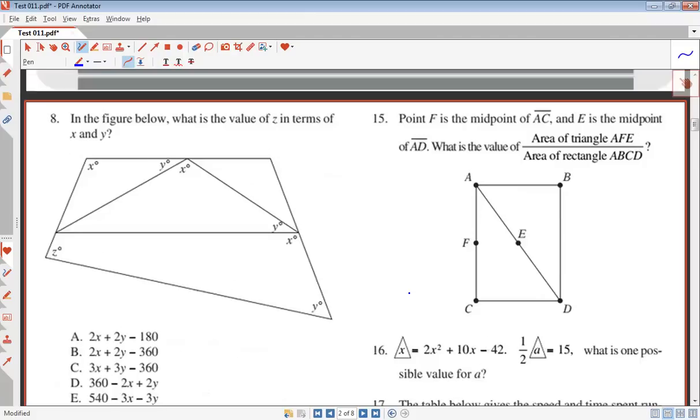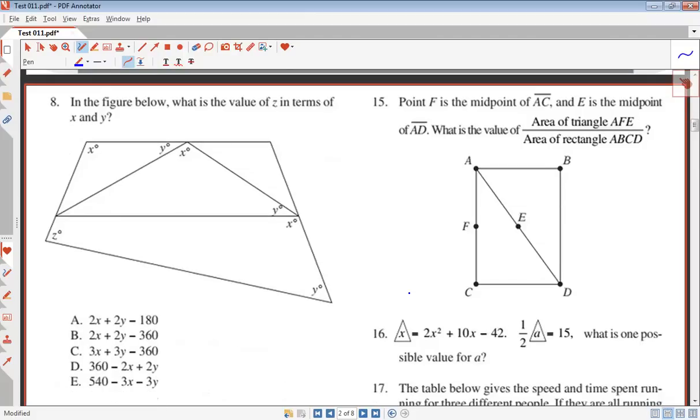Question number 8. In the figure below, what is the value of z in terms of x and y? We need to calculate z in terms of x and y.